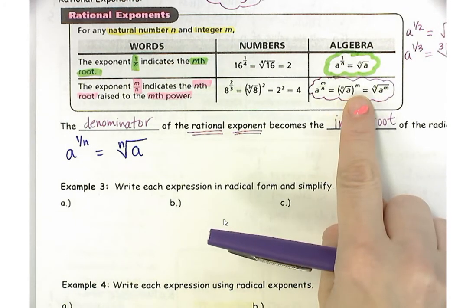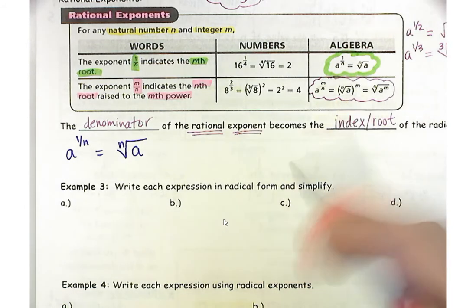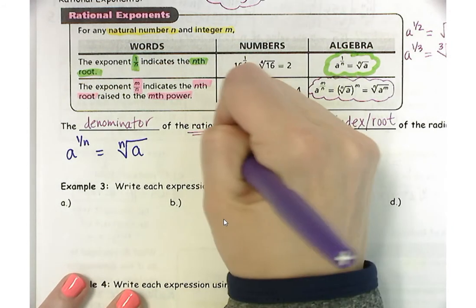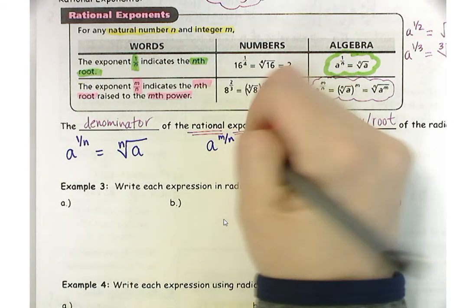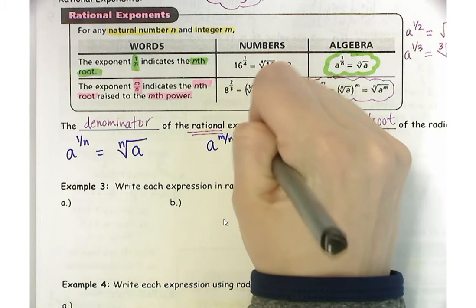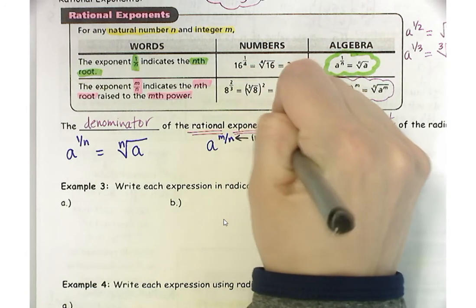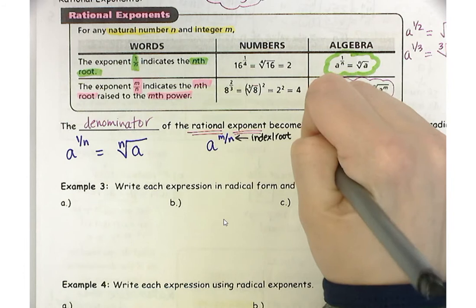Okay, so you still have your index, it's just the power can be done after you do the root, or it can be done before. Okay, so the power is done before you take the root, or the power is done after you take the root. When you're doing these, an easy way to remember which one is which, we're going to draw a visual representation of this.